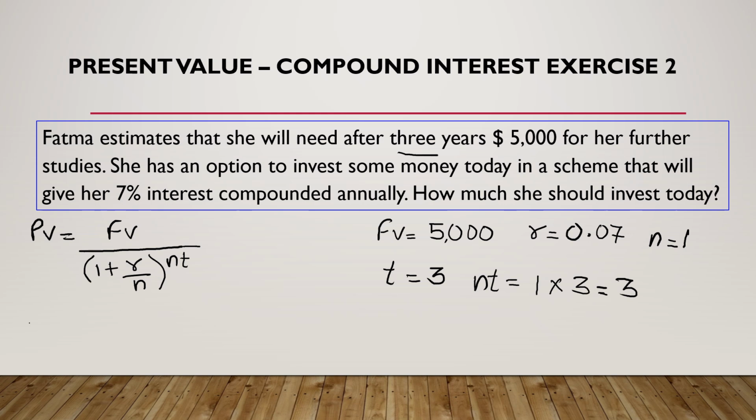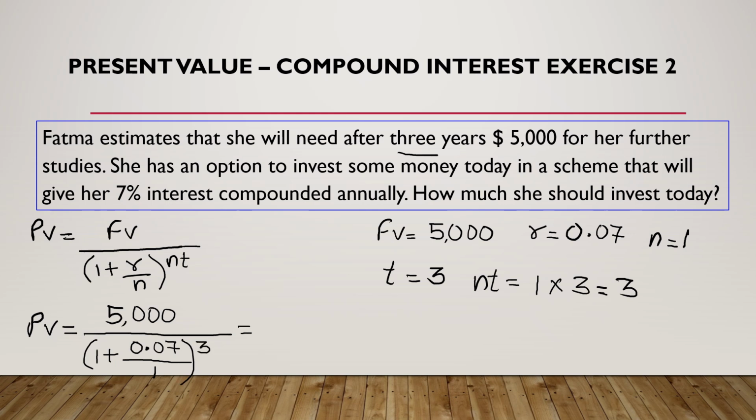Now, with the help of the formula, we will solve it. So my future value is $5,000 divided by 1 plus rate of interest, 0.07, divided by n. n is what? Compounded annually. So n is 1, bracket close, power of nt. nt is 3.